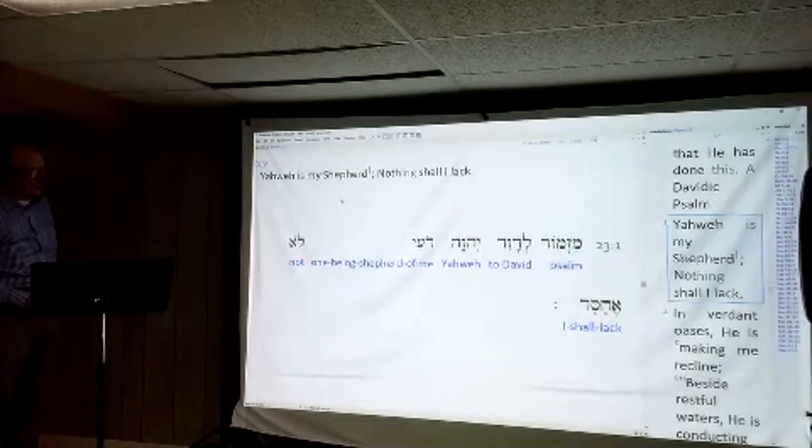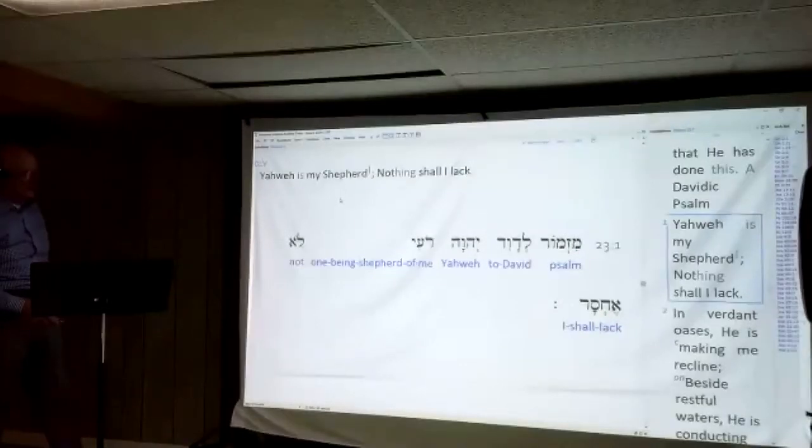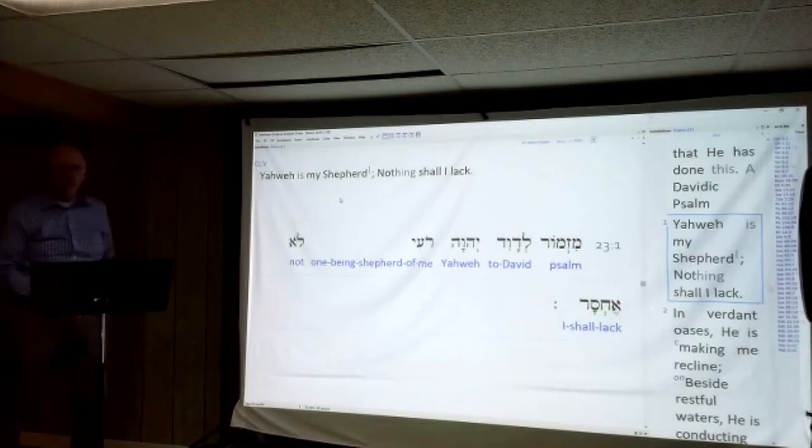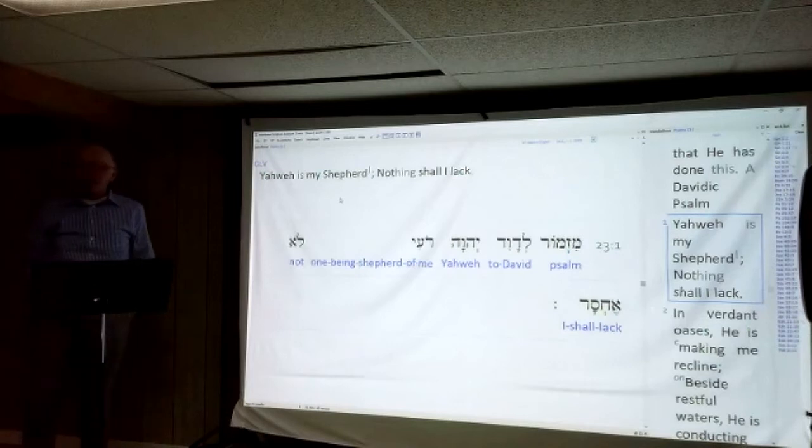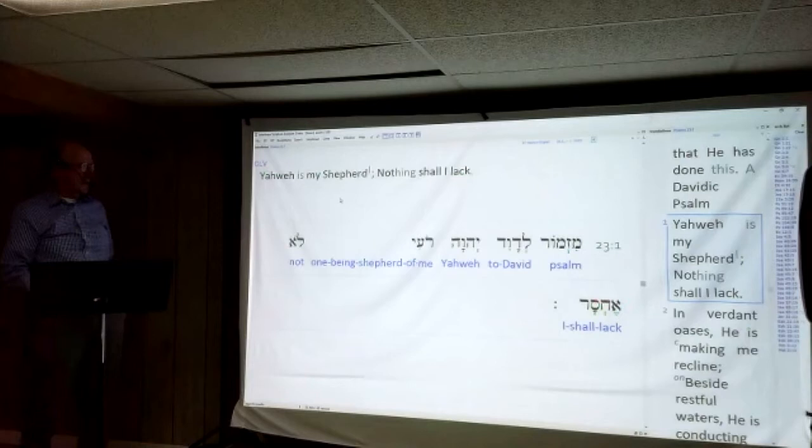Lack is these three letters right here. This aleph in this word is a prefix meaning I shall. You see an aleph in front of a word and there's another root word in there, and the aleph is not part of the root word, then the aleph is a prefix.